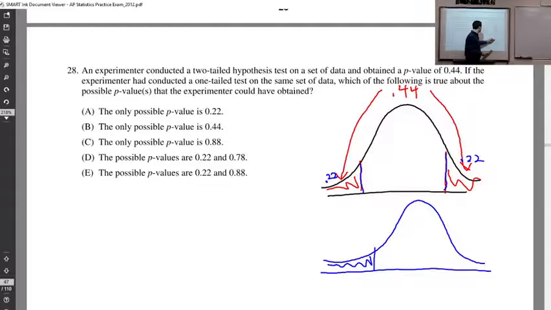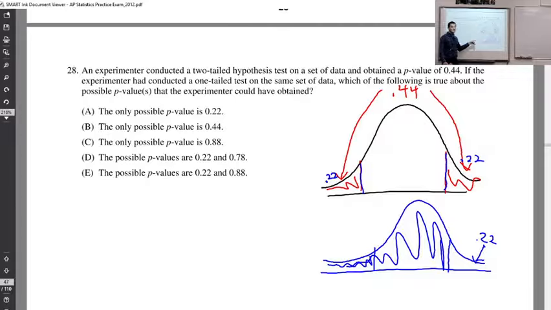Or we got this z-score, in which case our p-value would be all the area to the left of here, which is leaving off this right tail of the 0.22. Remember, this tail is 0.22. So we're leaving off that tail, and we want everything else. So there are two possible p-values that we could get, depending on which direction our z-score went in.